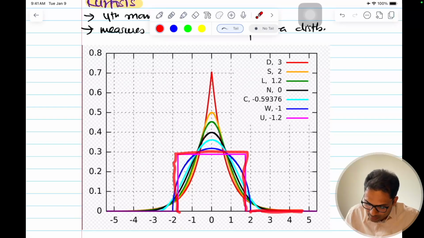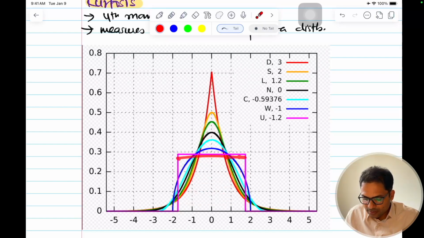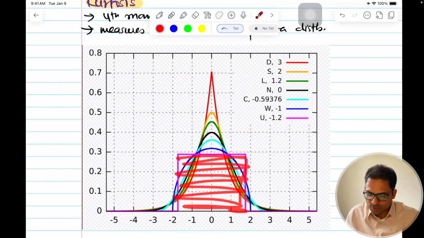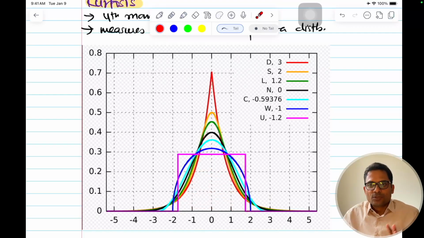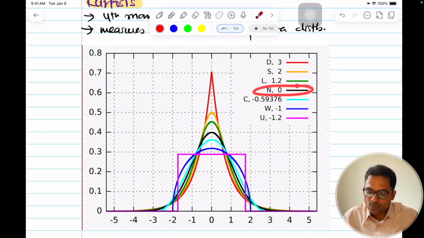There's no tail at all. Everything is in the center, so no tail, no outliers. This is a square box, everything is in the purple box. U is uniform, which has negative kurtosis. No tailedness. But everything is measured with respect to normal.